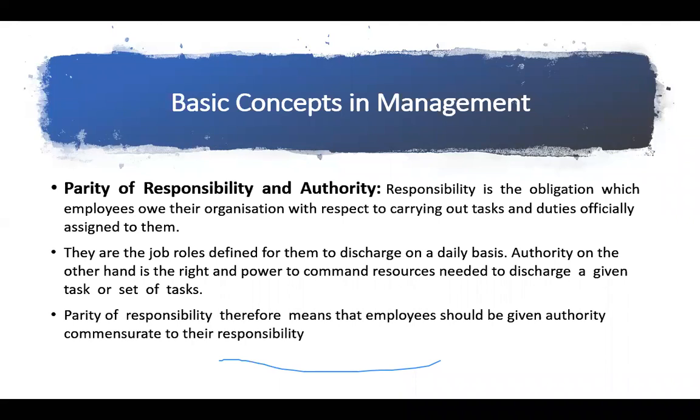Once you hear abuse of office, abuse of position, go and check what happened. Go and audit the organization. There is a mismatch between responsibility and authority. There's nothing beyond that. Okay.